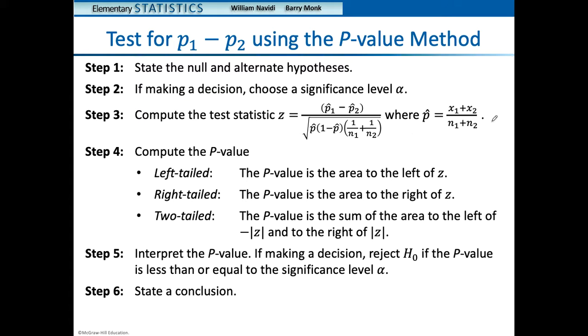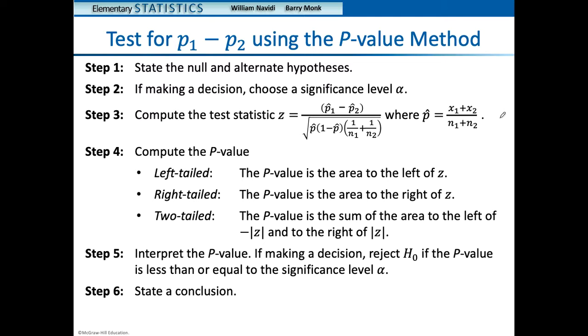Once we compute z, then we just find the p-value. Because the test statistic is a z-score, the p-value will be an area from the standard normal curve, which we can find either using the table or the calculator.